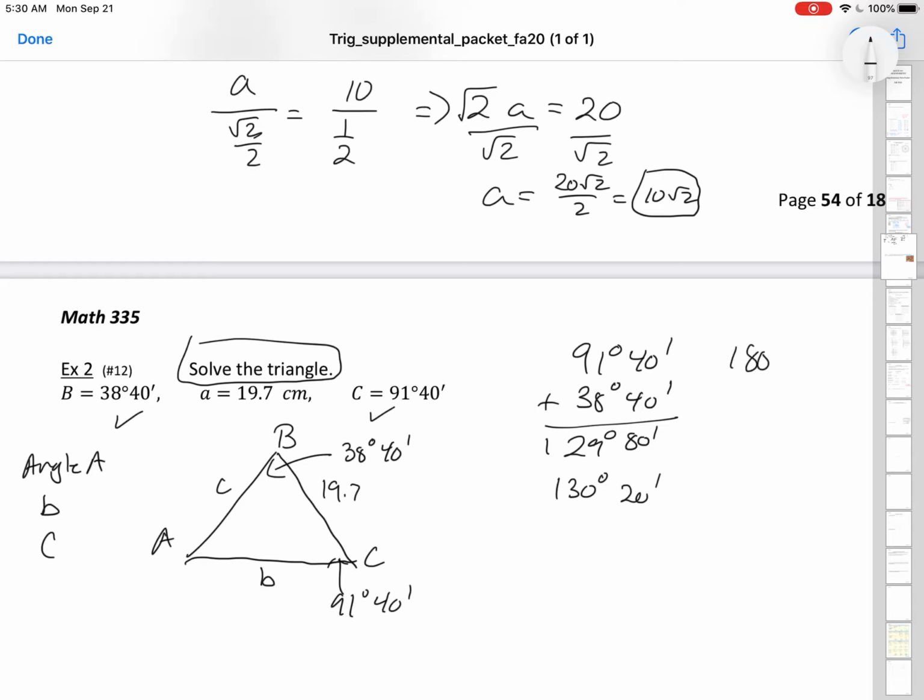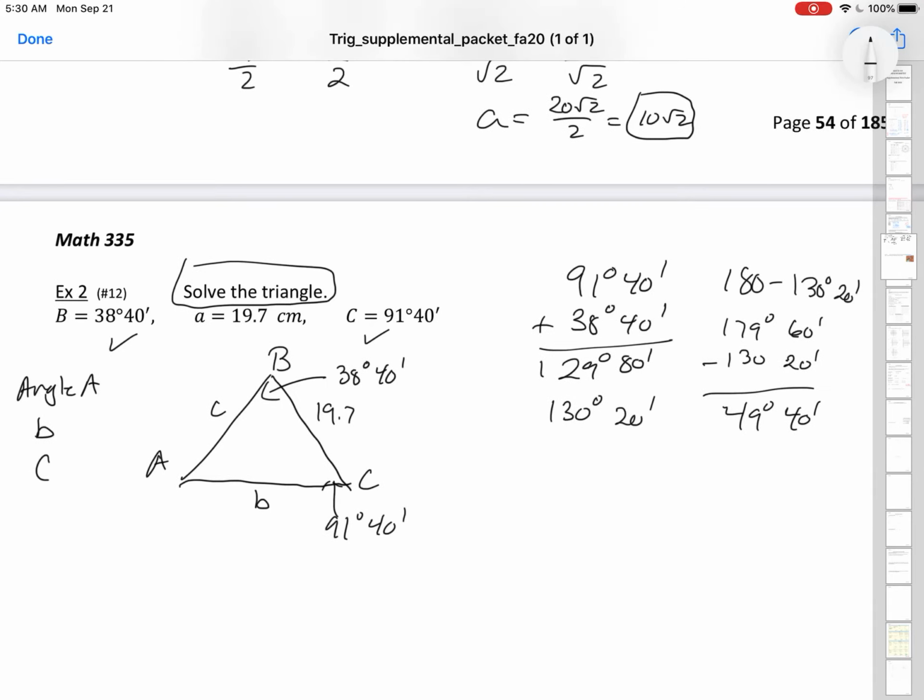Now I've got to take 180 and subtract away 130 degrees 20 minutes, or 179 degrees 60 minutes minus 130 degrees 20 minutes, and we get a nice 49 degrees 40 minutes. So we've just figured out one of the pieces that we need. Angle A is equal to 49 degrees 40 minutes.